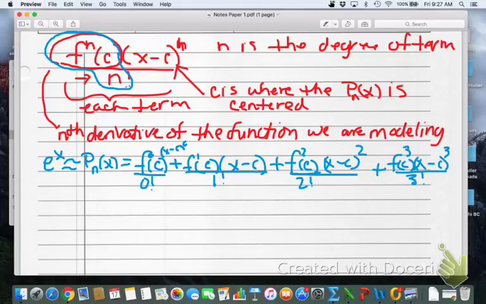Alright, so your instructions may say find a third degree polynomial for the function e to the x about, and let's do x equals 0. Or actually, let me back that up.